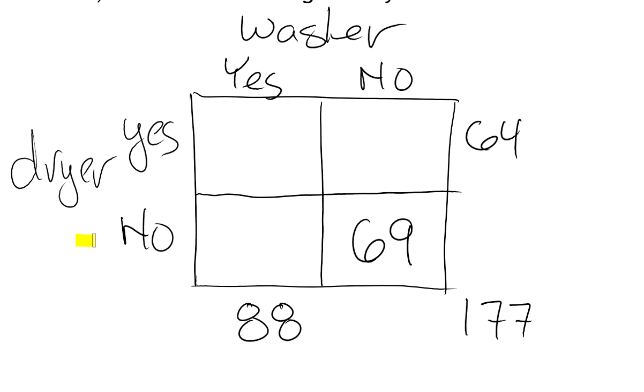I do know that these two numbers have to add up to something, right? Whatever this number is plus 69 has to be what this question mark is. So can't quite do that either. Now, going along the bottom, I know 88 plus something has to be 177, and 64 plus something has to be 177 also. And that's where I'm going to start by filling in these marginal stats.